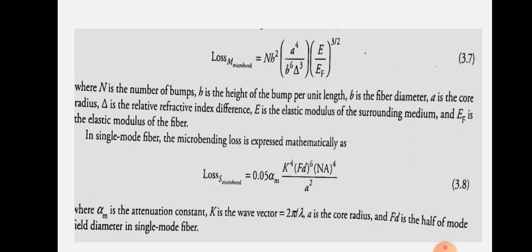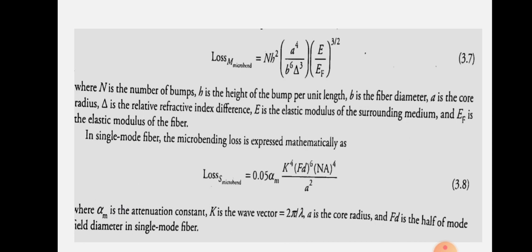Here N is the number of bumps, h is the height of the bump per unit length, b is the fiber diameter, a is the core radius, delta is the relative refractive index difference, E is the elastic modulus of the surrounding medium, and E_f is the elastic modulus of the fiber. These are the variables used in the equation.